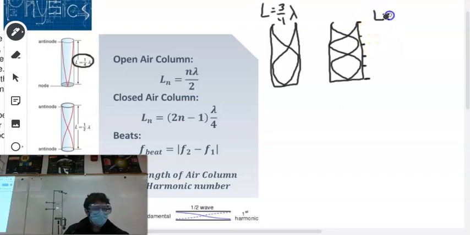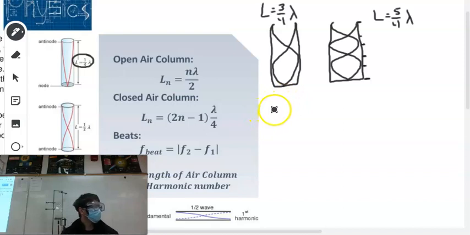So the length is 5/4 wavelength. You might start to notice a pattern. The next one will be 7/4, and then 9/4, 11/4, 13/4, and so on. Why are they all improper fractions? I prefer improper fractions, and it also helps to show the pattern.